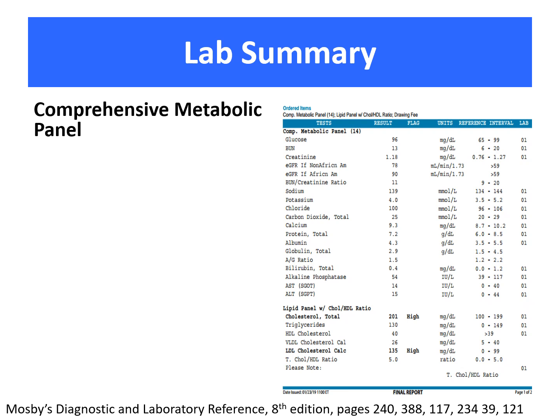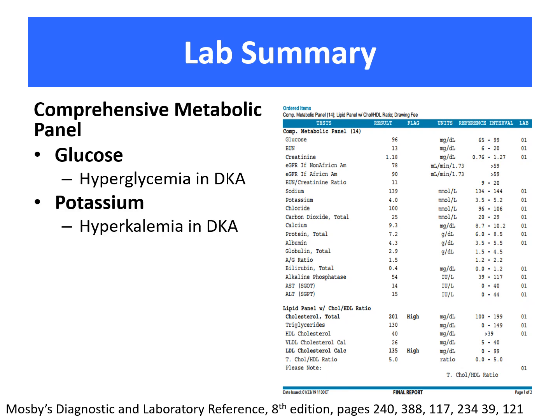Comprehensive metabolic panel we talked about being useful in the diagnosis of certain causes of abdominal pain. We talked about diabetic ketoacidosis. Diabetes is going to be confirmed by a fasting blood sugar greater than 126 milligrams per deciliter.